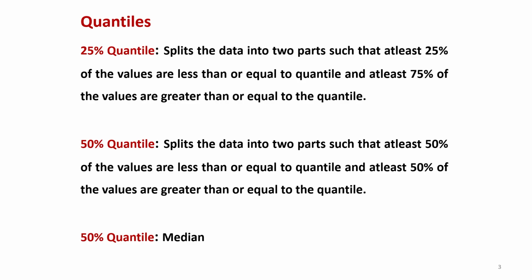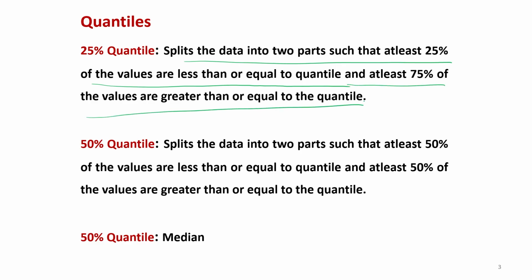For example, when the data is split into two parts such that at least 25% of the values are less than or equal to that value which is called the quantile, and at least 75% of the values are greater than or equal to that quantile, that will be called the 25% quantile.